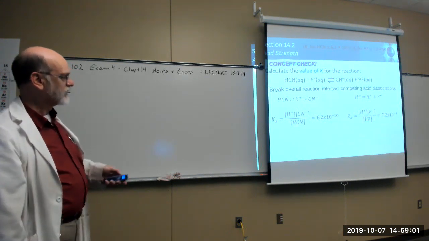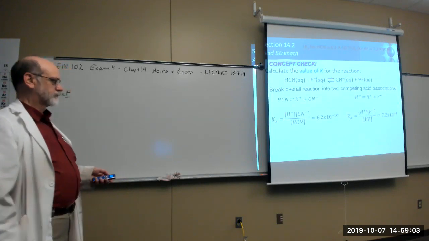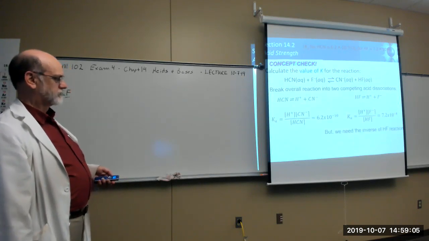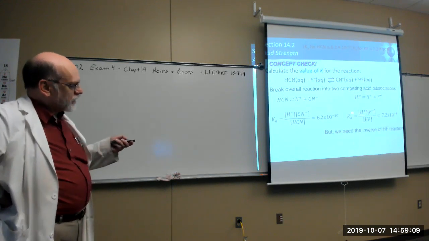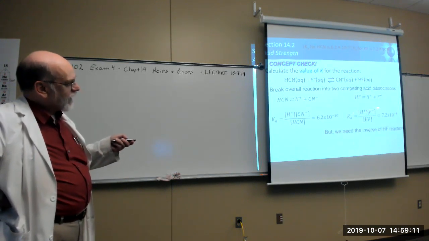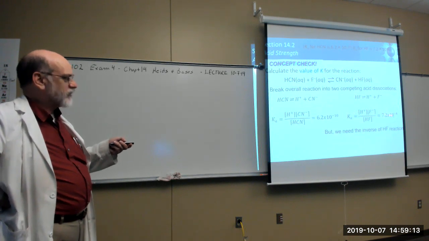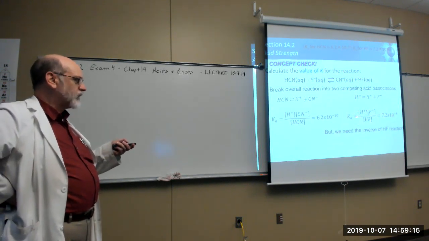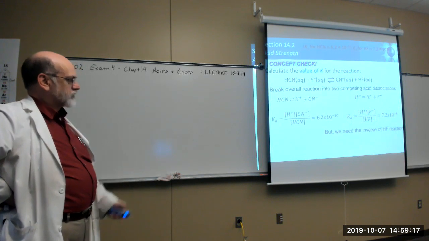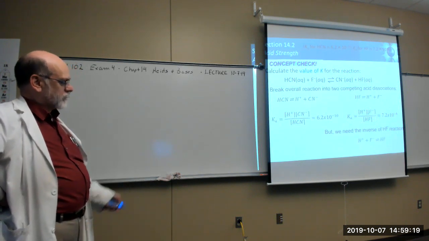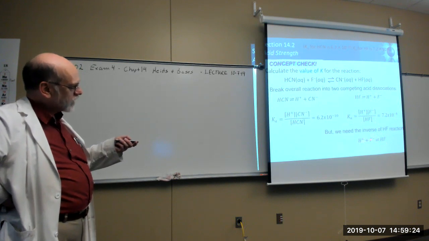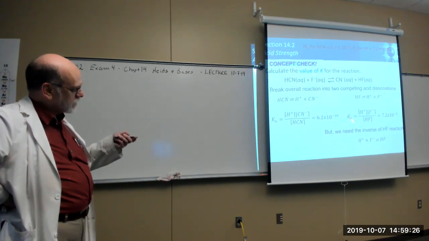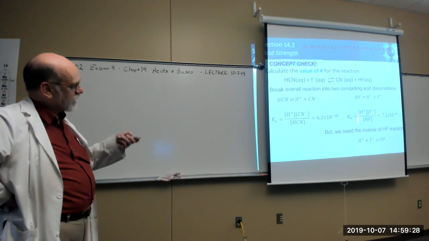Now, the thing is, this says that F minus is on the right-hand side, but actually F minus is on the left-hand side. So we need the inverse of that. So this reaction needs to be inverted so that we can get F minus on this side and HF on that side.